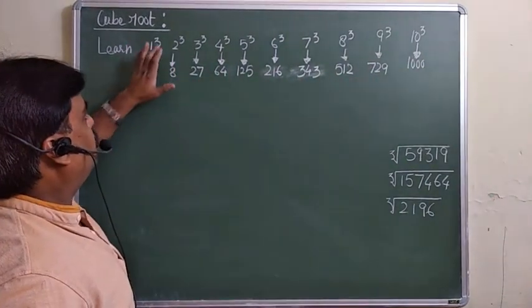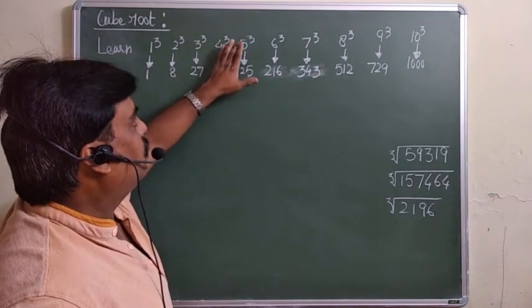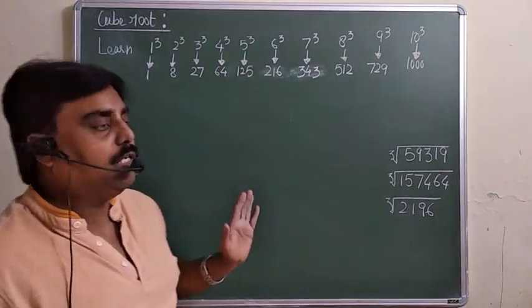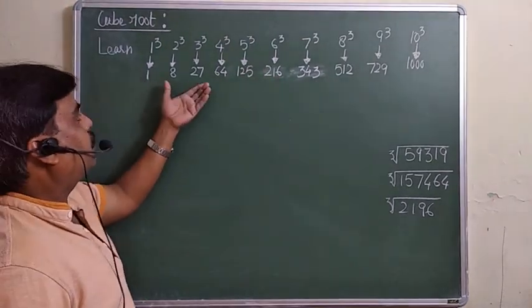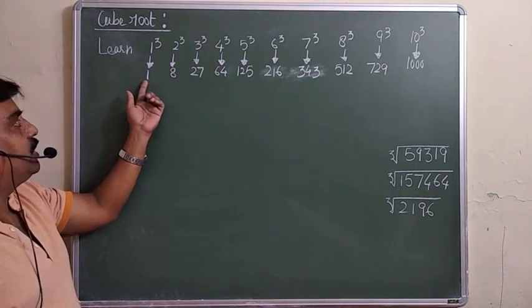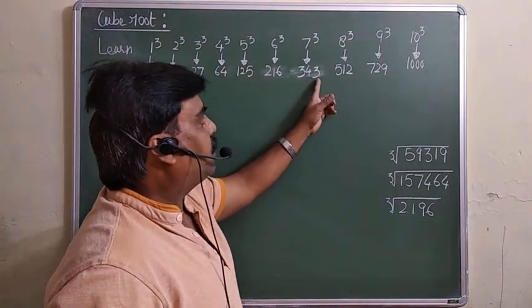1 cube is 1, 2 cube is 8, 3 cube is 27, 4 cube is 64, 5 cube is 125, 6 cube is 216, and likewise. हमें क्या समझना है कि if I am doing the cube of 1, the unit place digit is coming 1. If I am doing the cube of 7, the unit place digit is 3.